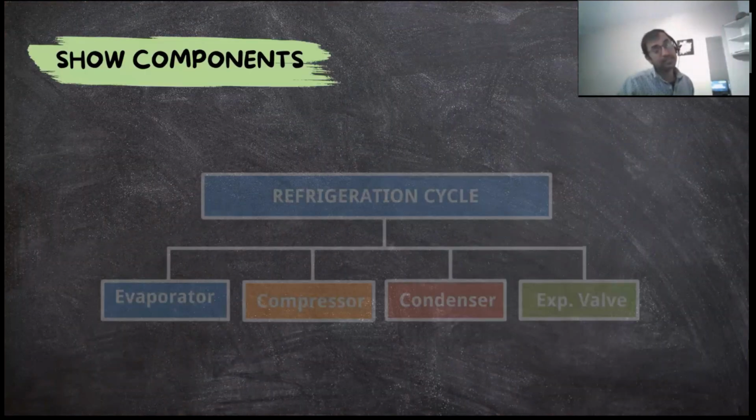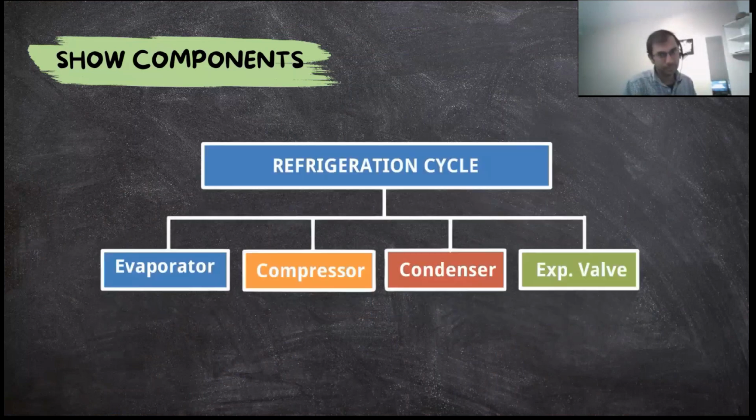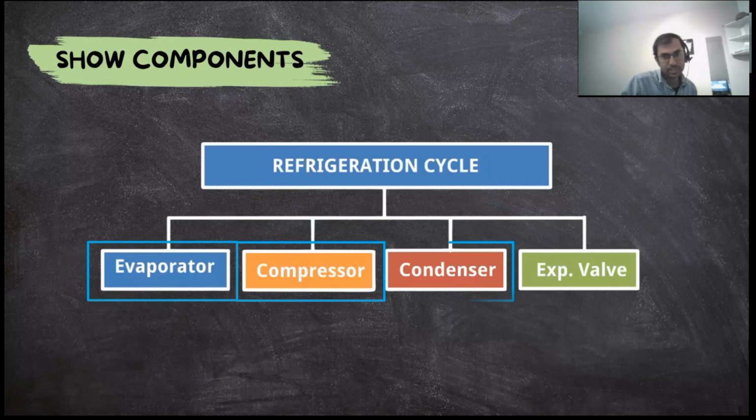For basic clarification, we are taking the example of our home or room air conditioners. One unit is kept in our room, another is kept outside. There are four main components across the indoor and outdoor units: evaporator, compressor, condenser, and expansion valve.